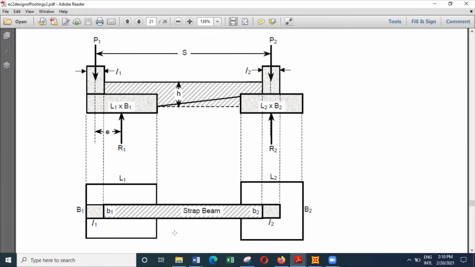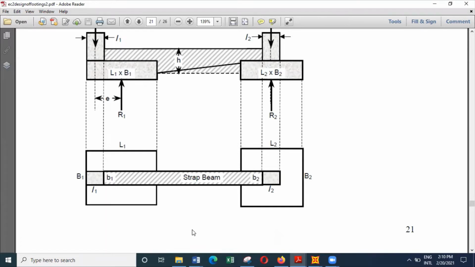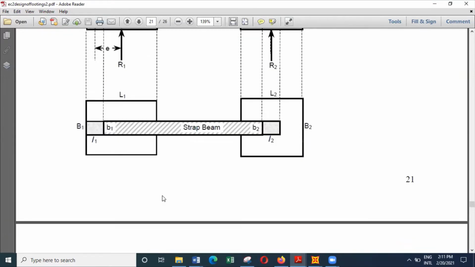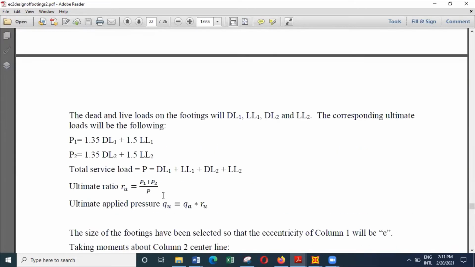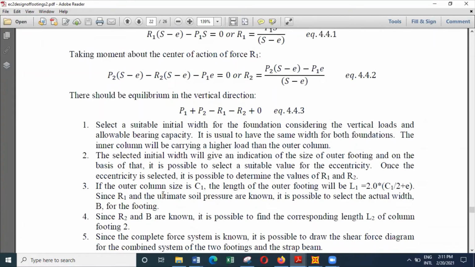So if possible, we will go for the same width, and we can adjust the length to suit the selected width. The other option is to have different widths for the two footings. That's also possible. But for the example, we'll select a situation where we are going for the same width.